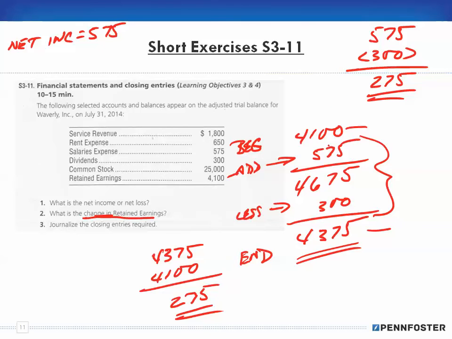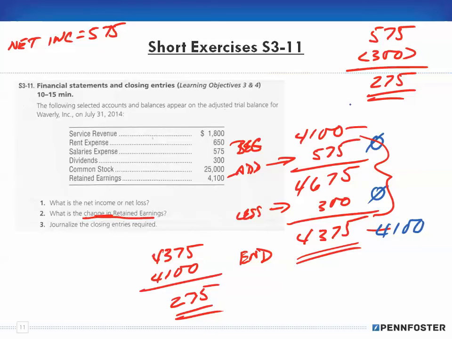And notice I didn't have to go and create all of this and calculate it all this way out, just because I know the structure of the statement of retained earnings, that here's my beginning, here's my end, and what's in between is what causes the change. Because let's face it, if this was 0 and this was 0, my ending retained earnings would still be 4,100.